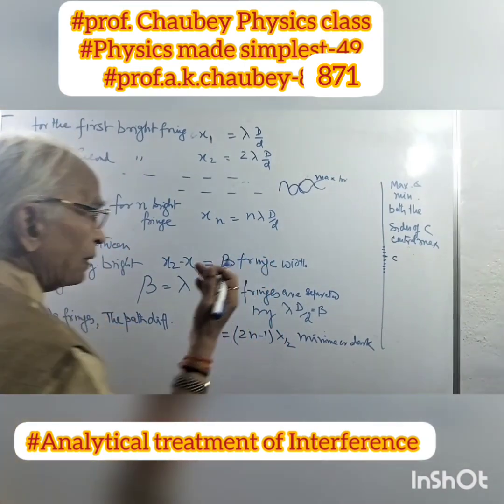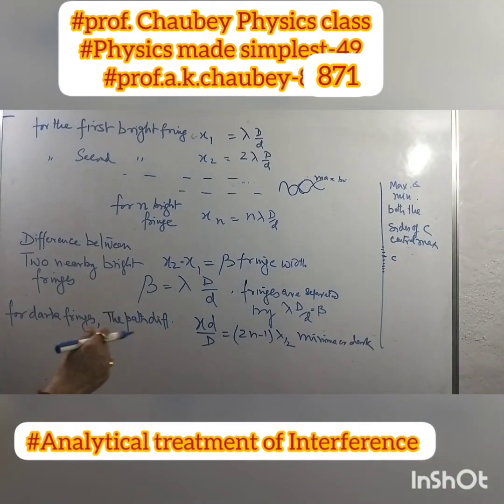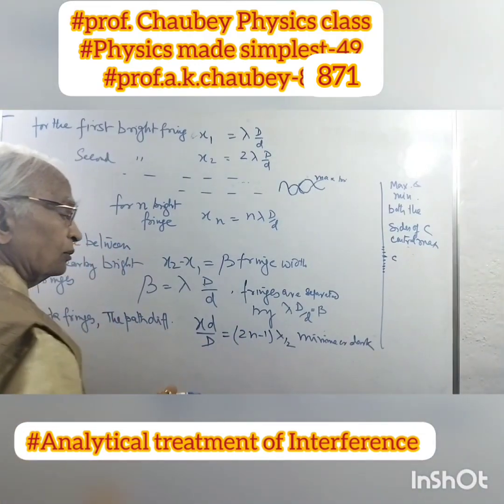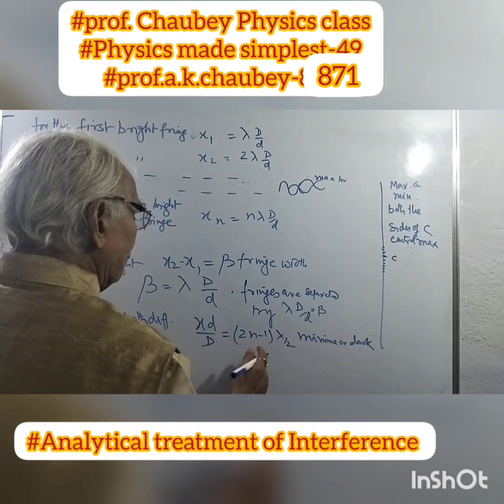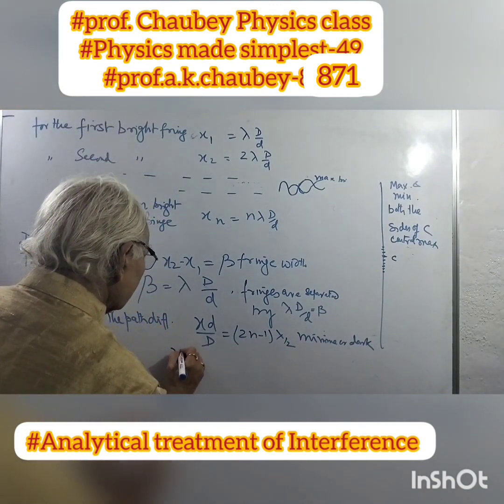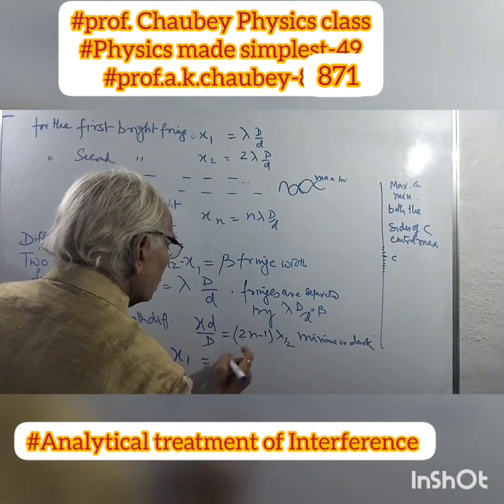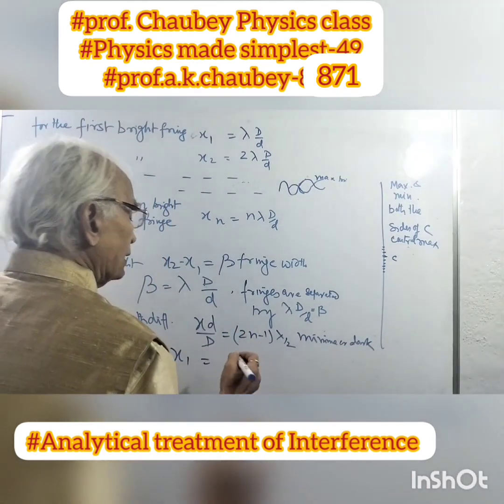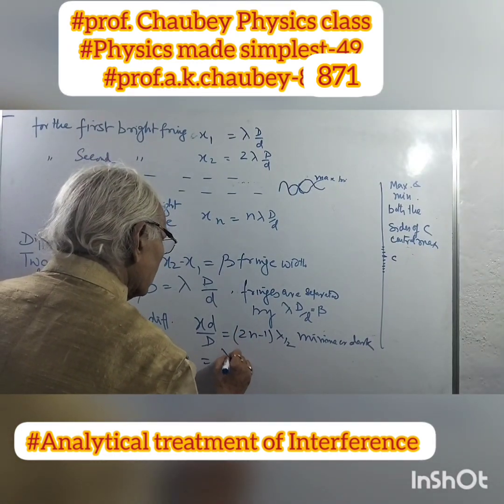For x1, you put n equal to 1, so 2 minus 1, it is lambda by 2.